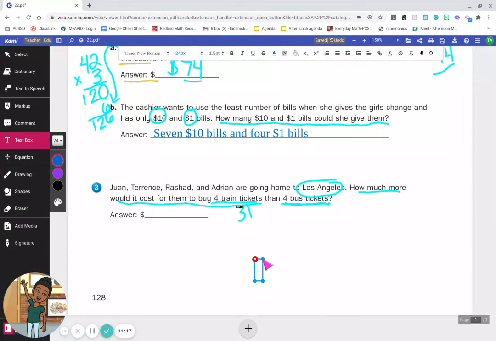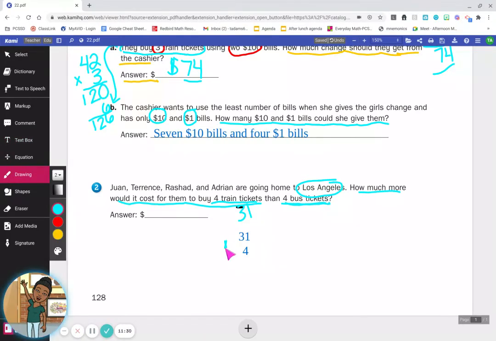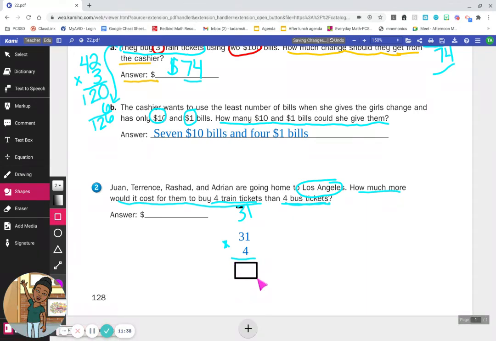I'm going to use a text box so it's a little easier to see. 31 times 4. And I want you to solve what is 31 times 4. What is that answer? What is the product? Go ahead and complete 31 times 4 at this time.